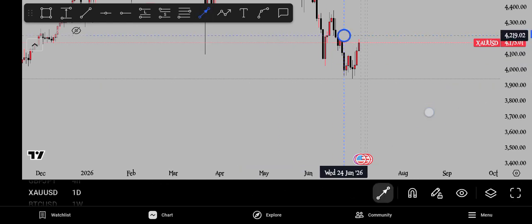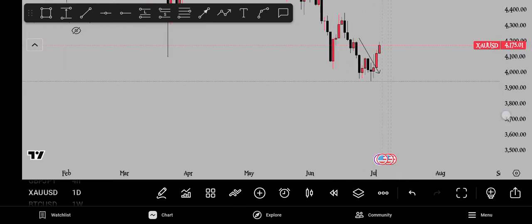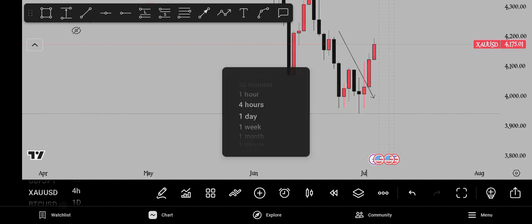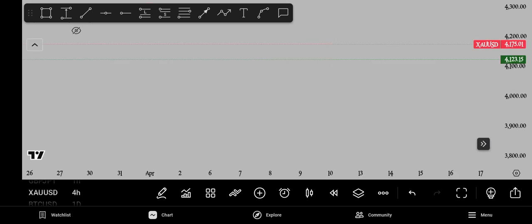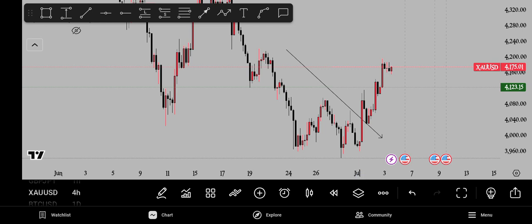Price was bearish. So we had the demand as a result of this bearish price action, so I had this demand.